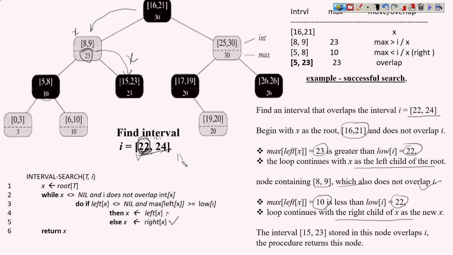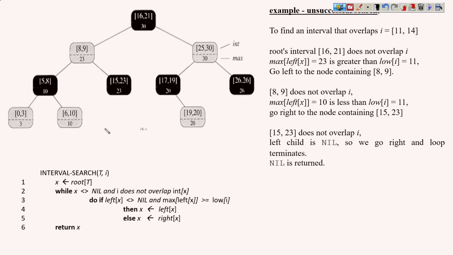If this is 15, 23 and this is 22, 24, that means this part is going to overlap and we are done with the search, because overlap means either they are contained within each other or they have a kind of overlapping of some part. It is considered as overlap. So we are done with our search and this is returned as an answer. In this case we have found the element. There may be a case where you are searching for an interval and it will not be found, and you end up with the answer that the interval does not exist in the given interval tree.